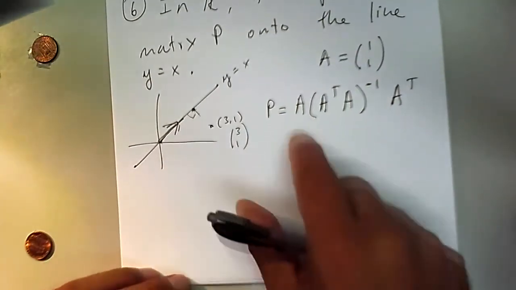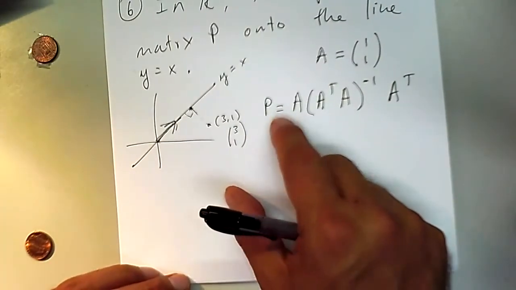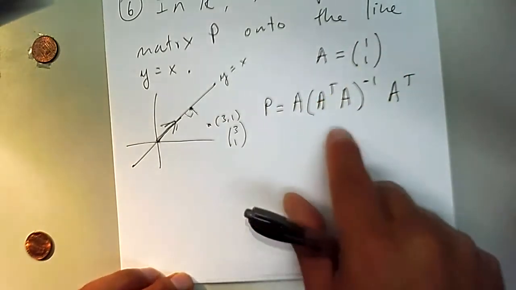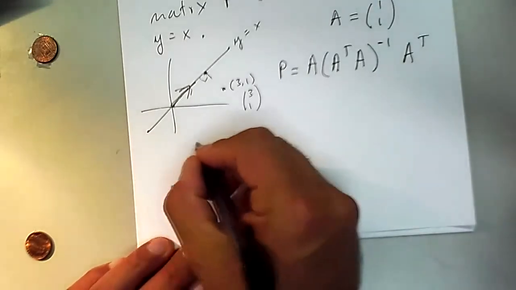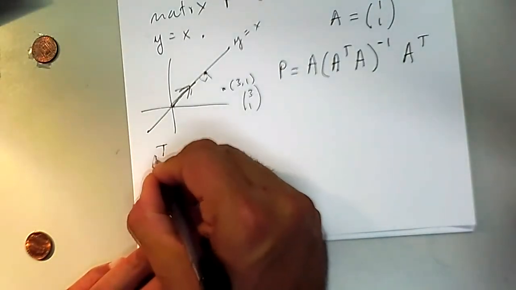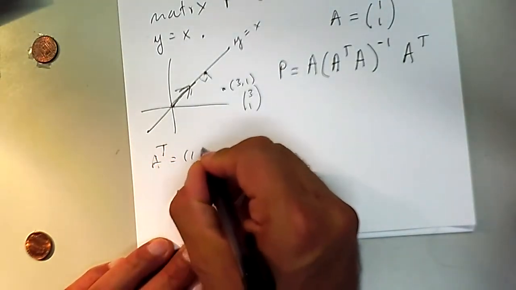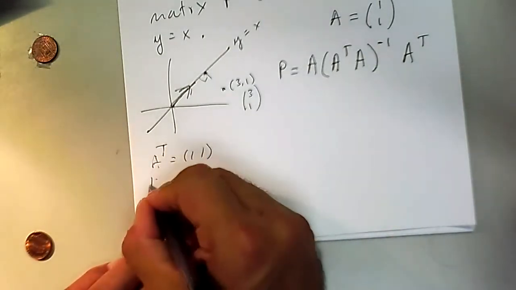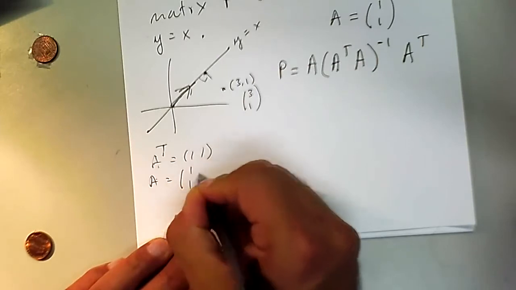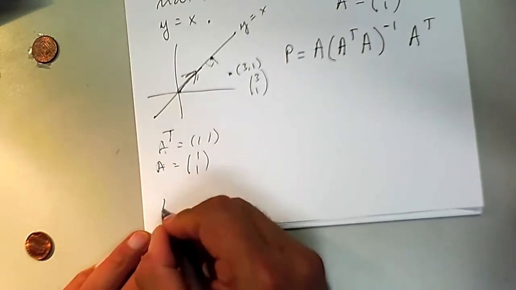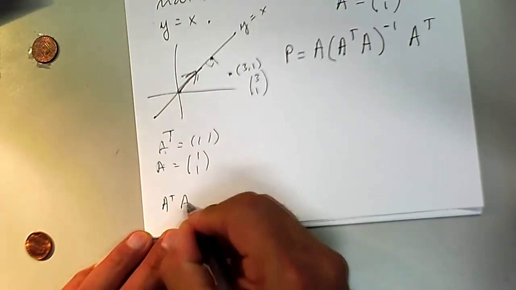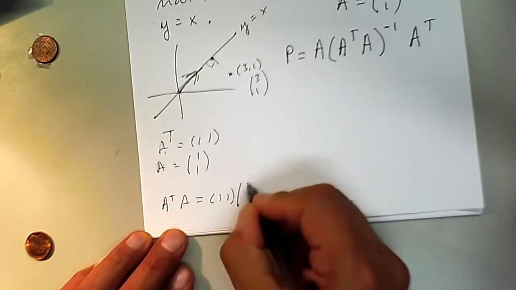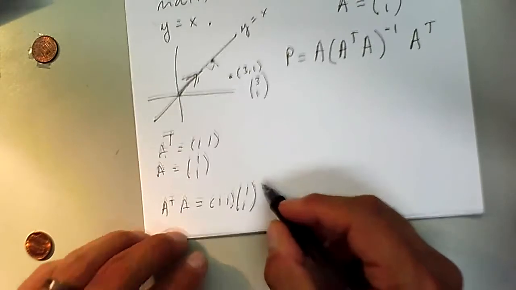Anyway, so the transpose of A is 1, 1. Of course, A is 1, 1. So the transpose multiplied with A is 1, 1 times 1, 1. And you know how to do that.